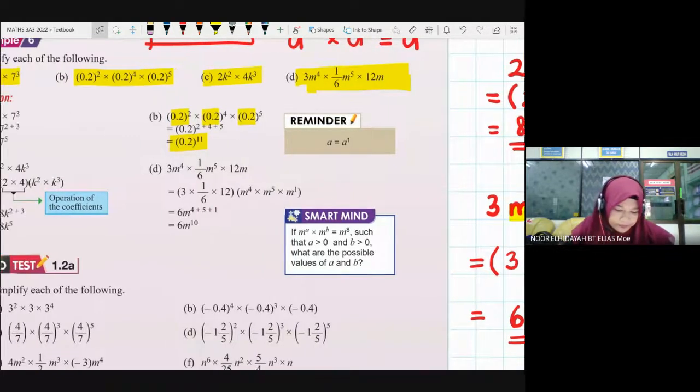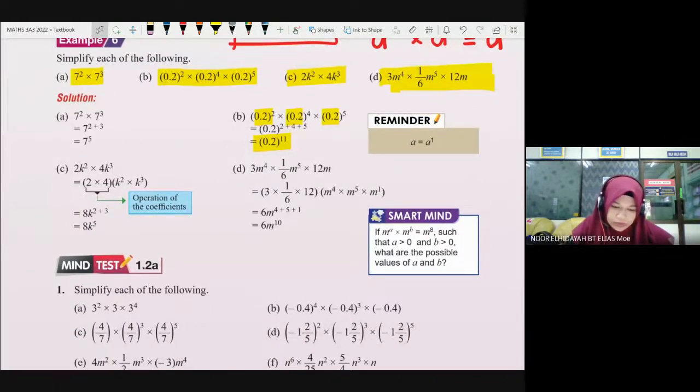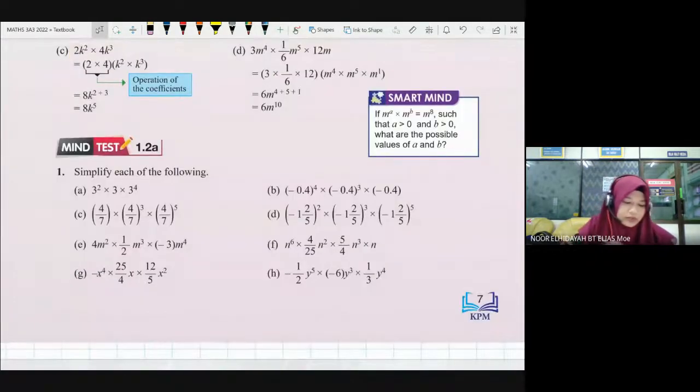Alright. Cikgu rasa okay setakat tu. So nanti awak perlu buat mind test 1.2a. Cikgu akan pilih soalan. Awak boleh take note sekarang lah. Question A, question B, question D, and then question F, and question G. Okay, untuk 1.2a, buat 5 soalan ni sahaja.